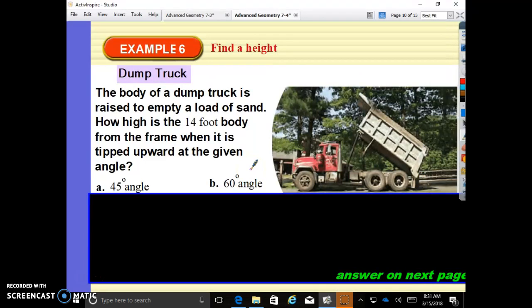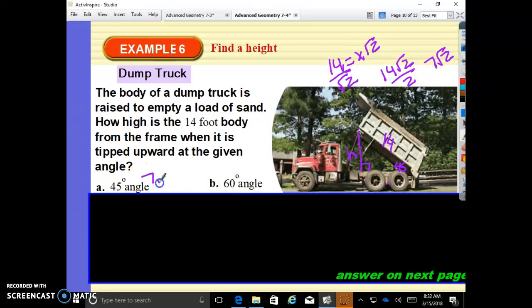The dump truck is raised to empty a load of sand. How high is the 14-foot body from the frame when it is tipped upward at the given angle? So if it's 45, 45, 90, this would be x, x, x rad 2. If 14 equals x rad 2, 14 divided by rad 2 would be 14 rad 2 over 2, or 7 rad 2.